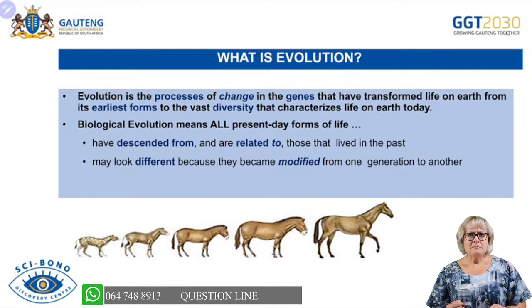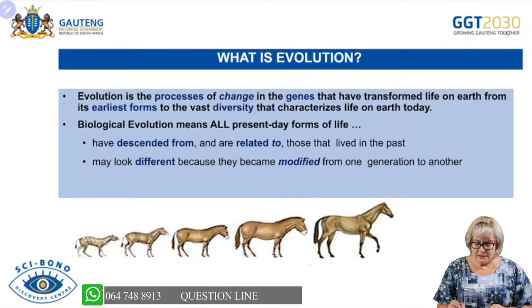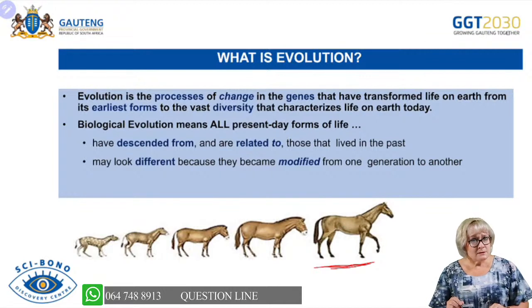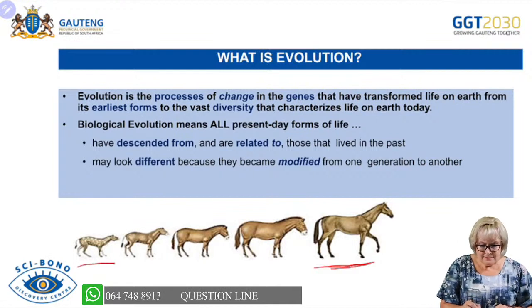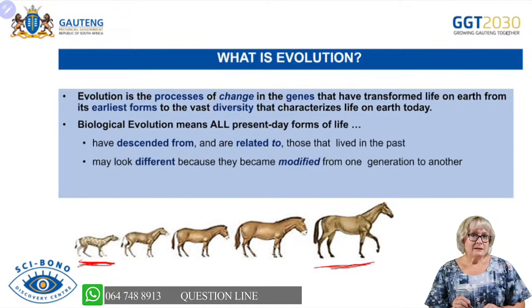If you look at my diagrams of the horse, you will see that the horse that we know today is looking different from the horse that existed millions of years ago. And this is the very first horse that we know of that lived on Earth.